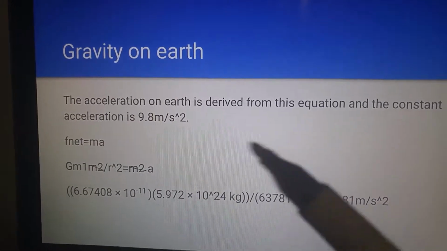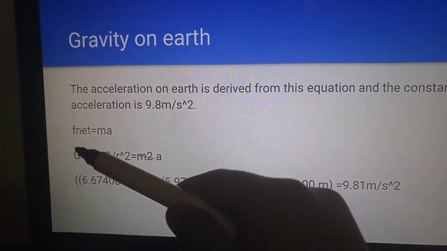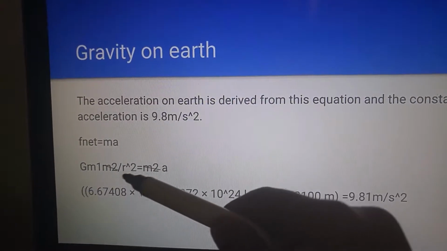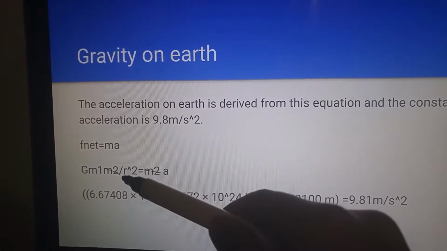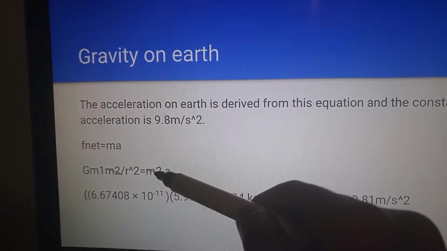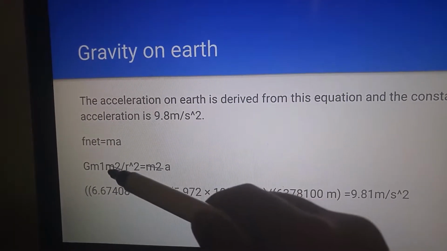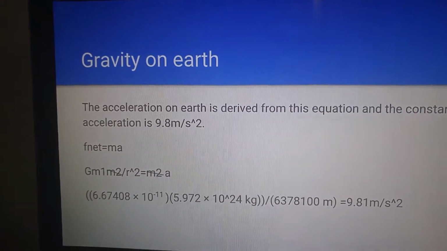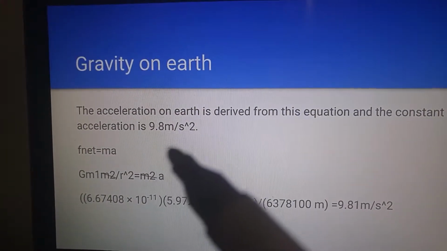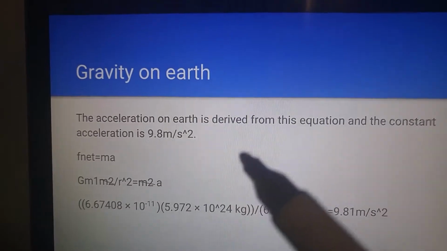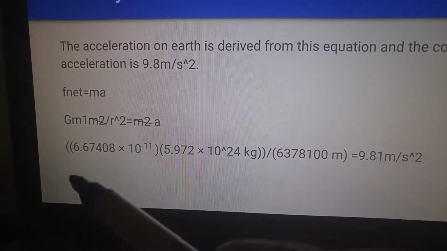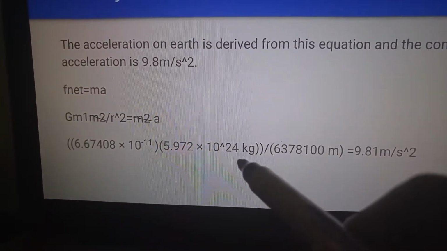To do that, we use F net equals ma, and for the F net, we use the force of gravity equation, and then ma. This would be the mass of you, and this would be the mass of you, so that would just cancel out. That's why it doesn't matter what your mass is, everyone's acceleration is the exact same.